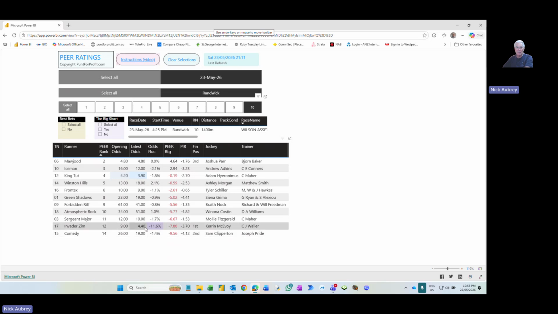So 9s into 4s, that's a significant shortening. But if you are interested in all of the shorteners, because there's only one shortener on the day that I'm showing, sometimes it can vary as the race gets closer to the race time, and some horses can shorten up very late. But this was generally on a bog track, a heavy track.